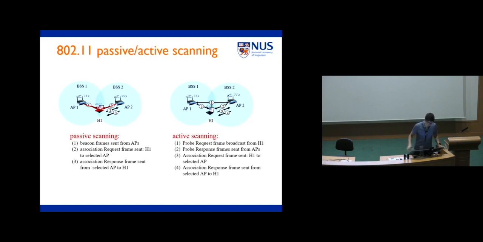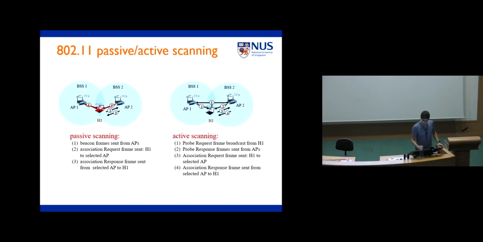And then our device would be sending the request frame to the selected access point. So this is after you selected from your wireless host, your laptop, which access point you want to connect to. And to that access point, you send the association request, and then you also receive association response. If that is successful, you get connected.